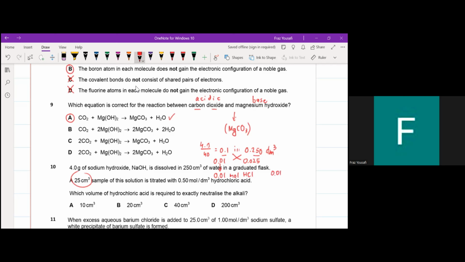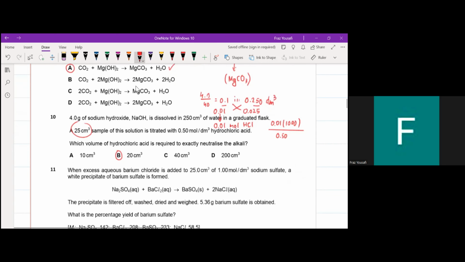So the way you do this, 0.01 times 1,000, because you've got to convert dm cubed into cm cubed, and you divide that by 0.50, and what you should get here is, I believe, 20 centimeters cubed. Let me confirm myself, so we're all on the same page. Yeah, so the answer should be B, 20 centimeters cubed.